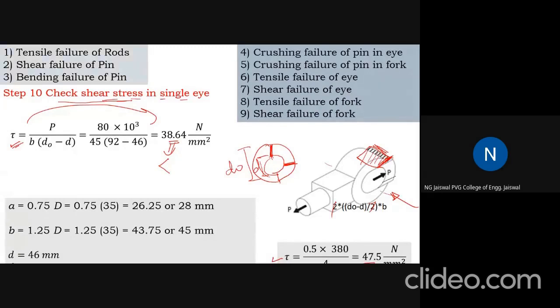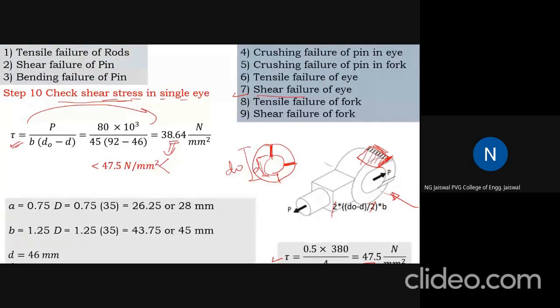That's why this should be less than 47.5, and yes, it is less than 47.5. That's why stress is within limit. It means it will not fail, because you anticipated shear failure and found that the induced shear stress is not more than permissible. It means it will not fail under shear. This is the meaning.